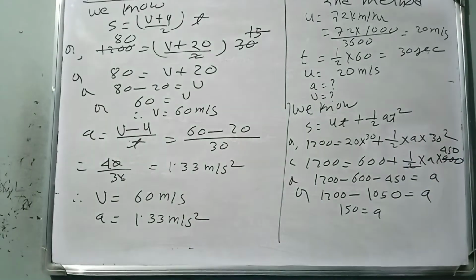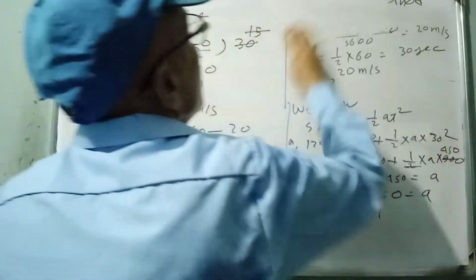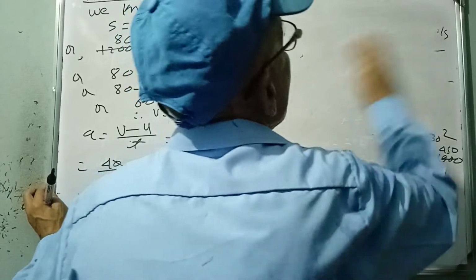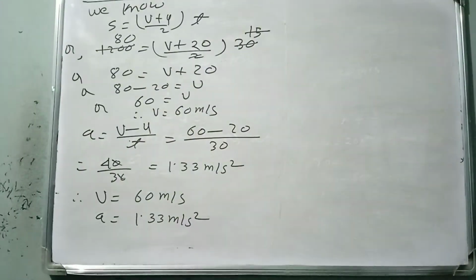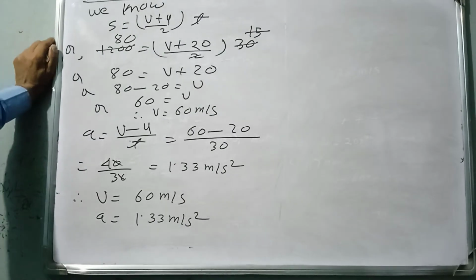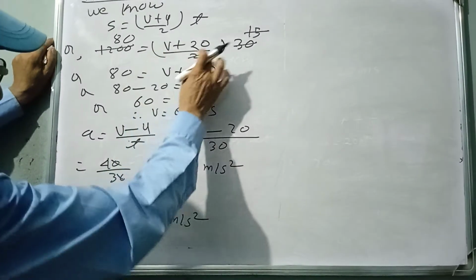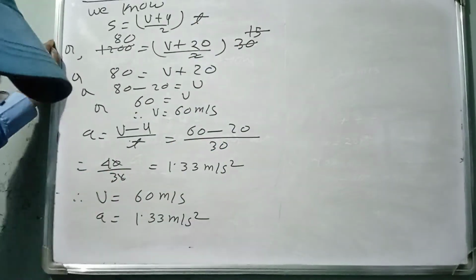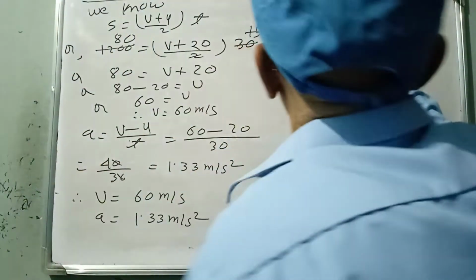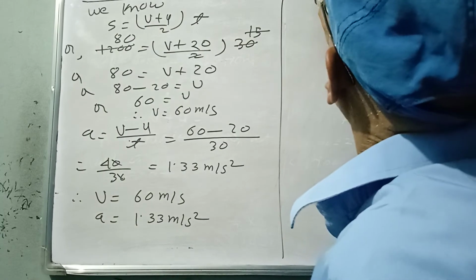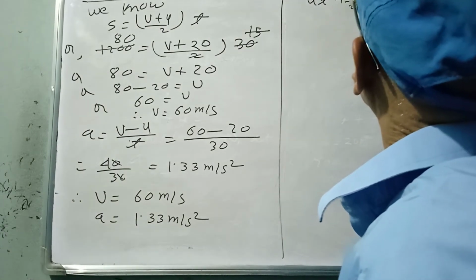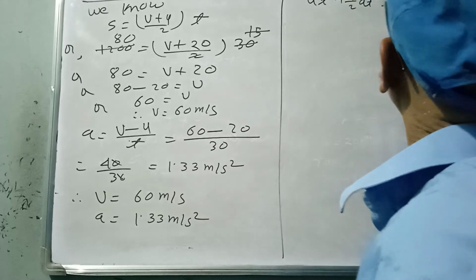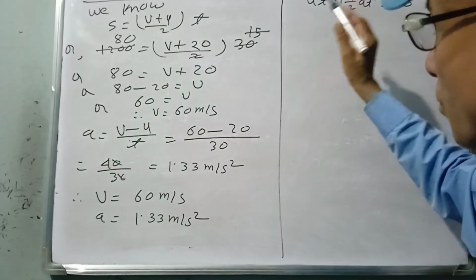Is better not solved by this method. The first method is, again see, distance travel is 1200 meter, v plus u by 2 into t. If you solve by this method, ut plus half at square equal s. So what is the mistake?